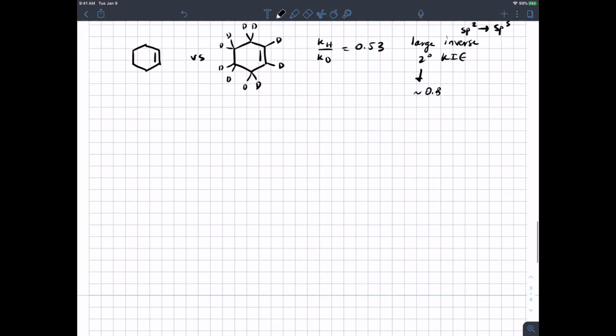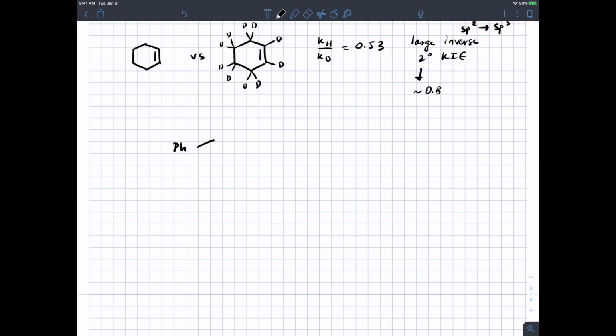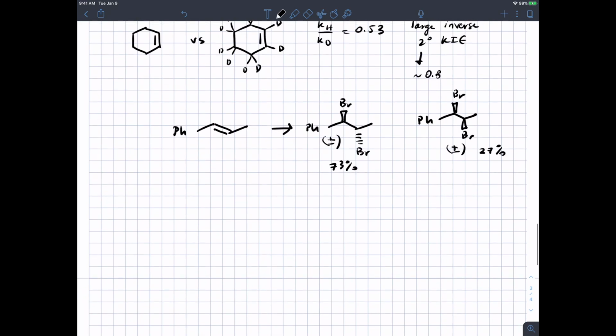An example of that, I won't draw the whole thing, but if you wanted to do this olefin as a starting material, you will see products that are consistent with anti-addition as the major product, I think 73%. But then you'll also see a fair amount of product from syn addition across the double bond. And they explain that by invoking an actual discrete carbocation intermediate stabilized by the benzene ring.